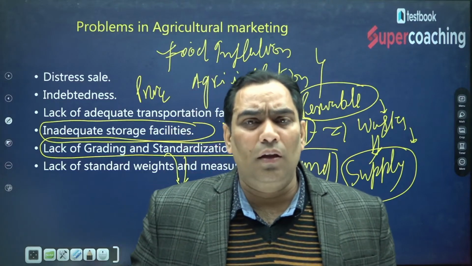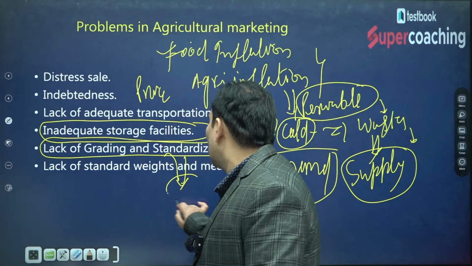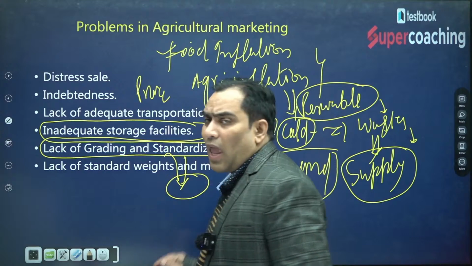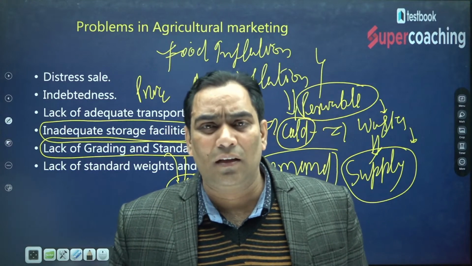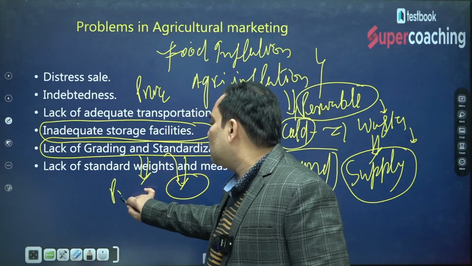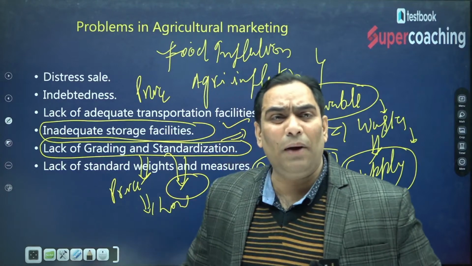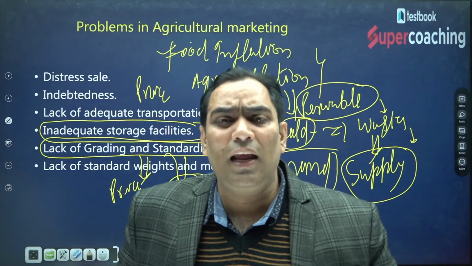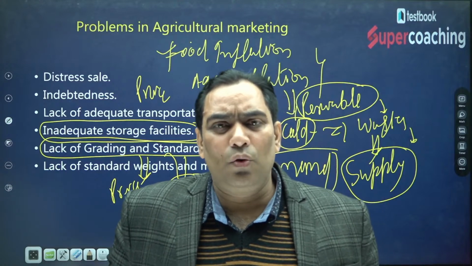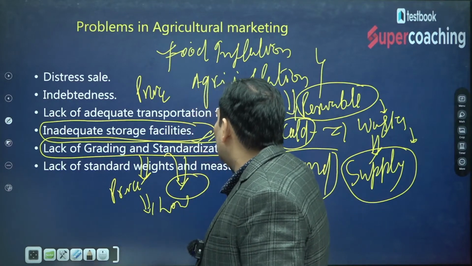Earlier there was no authority; still there is an authority, but it is in sleeping mode. Because of that, the farmers' produce is treated alike, and they get the price of the lower quality product, even though the farmer's produce may be of good quality. That was because of lack of grading and standardization.